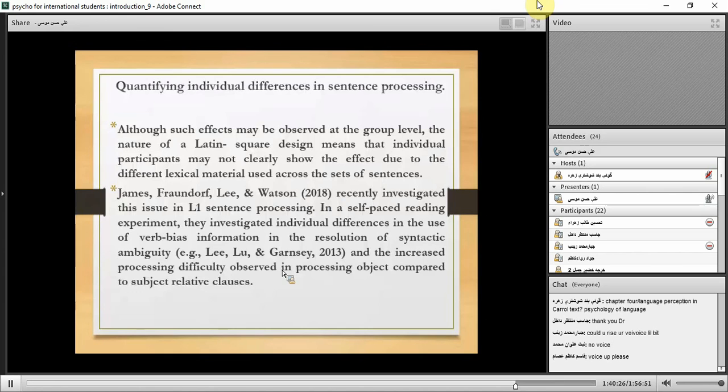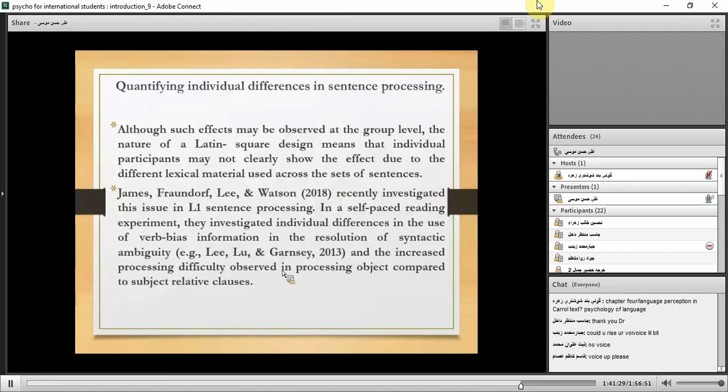For example, a subject who sees the ambiguous sentence 1a but the unambiguous sentence 2b may not clearly show the expected garden path effect merely because denounced is longer than the less frequent ate. So across participants, the Latin square design should eliminate such issues for group level, but not for any assessment of subject level individual differences.